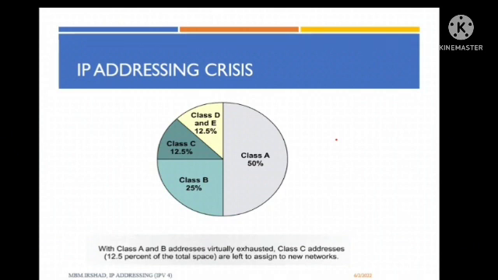When class A and B addresses were virtually exhausted, meaning no more addresses, everything finished, class C addresses, 12.5% of the total space, were left to assign to new networks. But anyway, IPv4 has already been depleted, so IP version 6 is already in place.